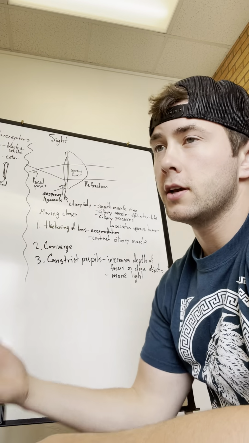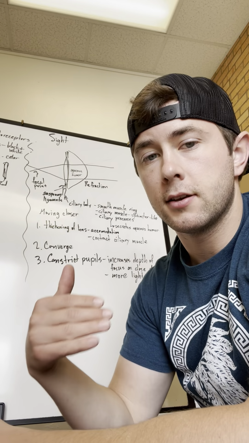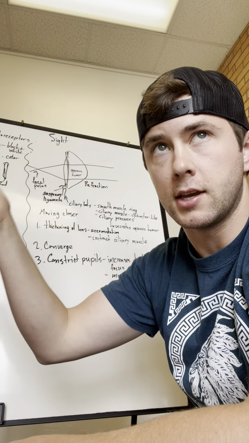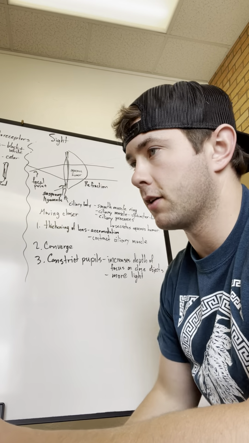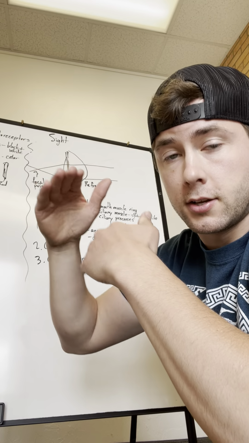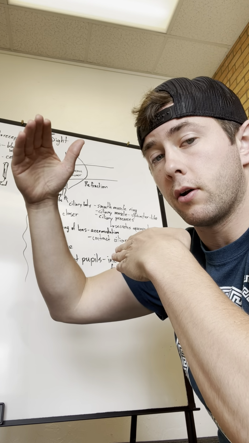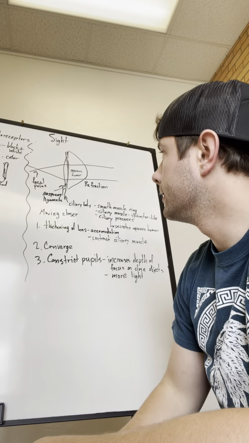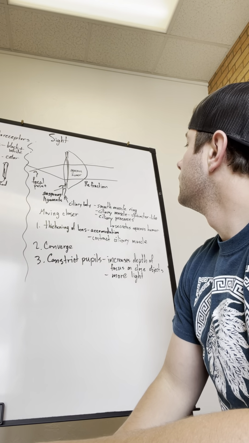So the cornea doesn't adjust. Light just hits it, and whatever happens, it bends it. That's how the cornea works. But the lens can adjust depending on where we want to put our focal point on the eye.